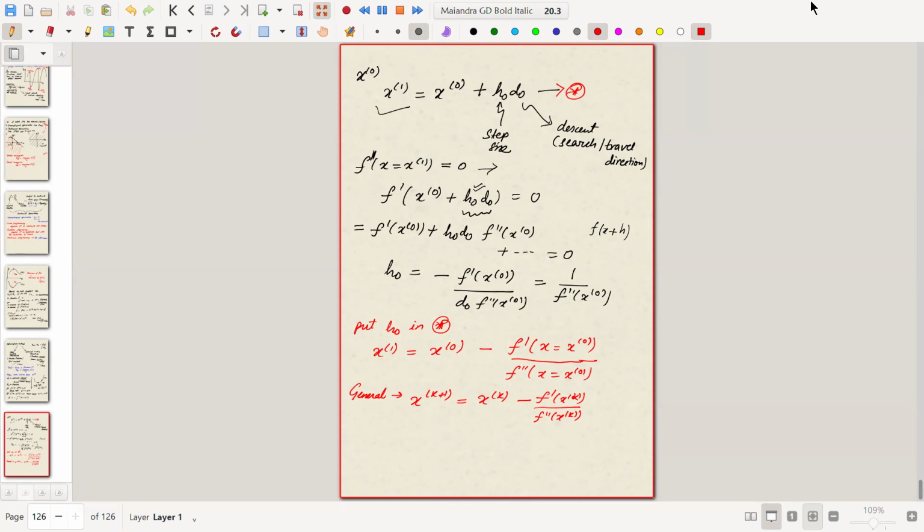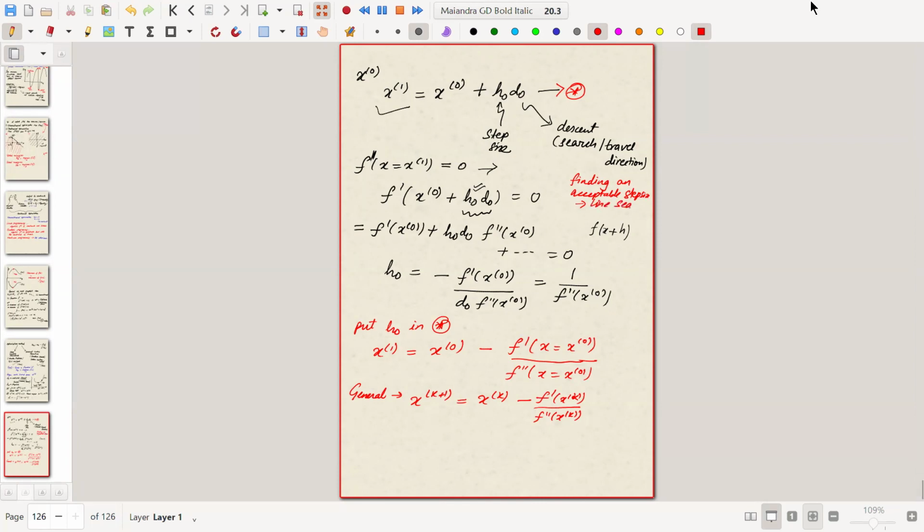Here we used one logic. We found a step size in such a way that in the next iteration, we will find our extremum or minimum. Such techniques, which involve finding an acceptable step size, and algorithms which use this technique, are known as line search algorithms.